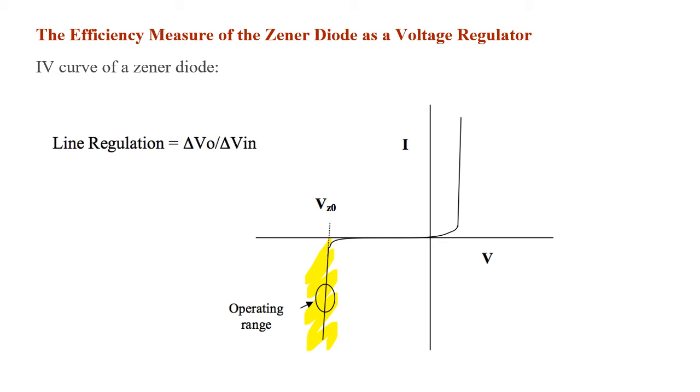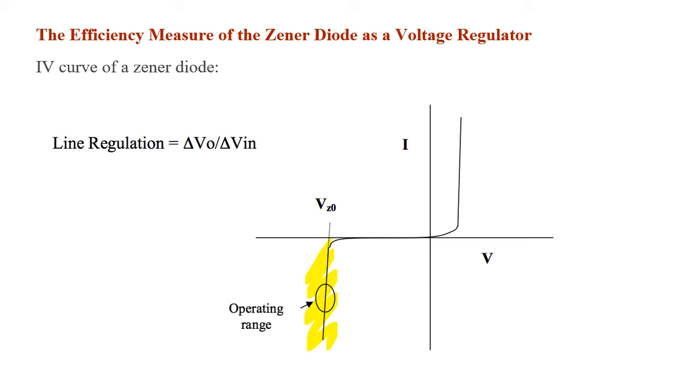Basically, the line regulation is a measure of how efficient our voltage regulator is. So we can calculate it by measuring the changes in the output with respect to the changes in the input. Otherwise, differently put, it is equal to delta Vout over delta Vin.